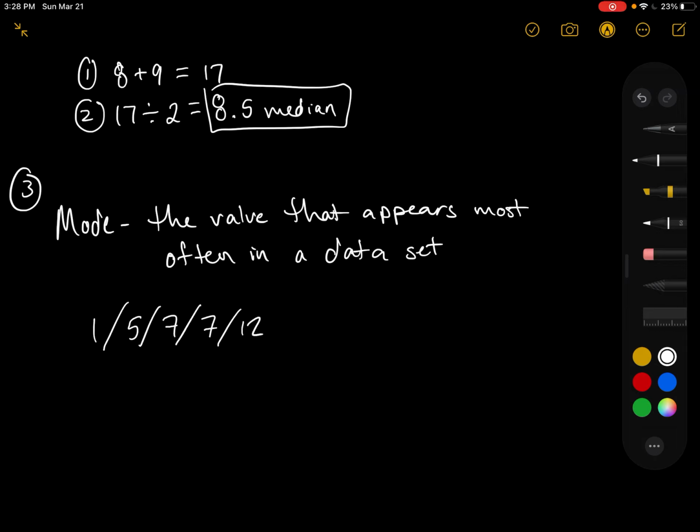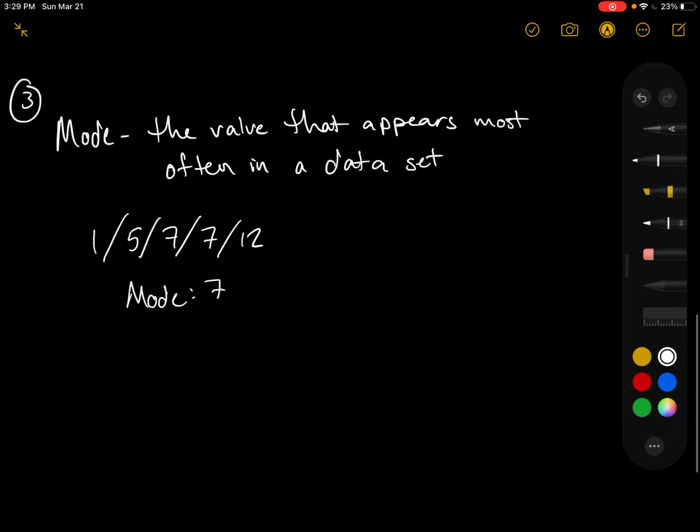So for example, if we had 1, 5, 7, 7, and 12, which number happens the most? Well, the mode here is 7. It's the only number that repeats.